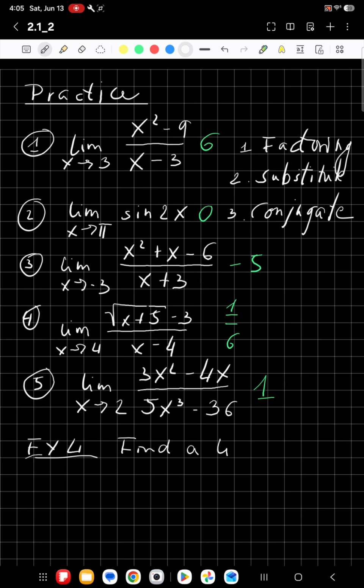The limit of f of x, we have a function that looks like this, absolute value of x on the top, x at the bottom, as x approaches 0.